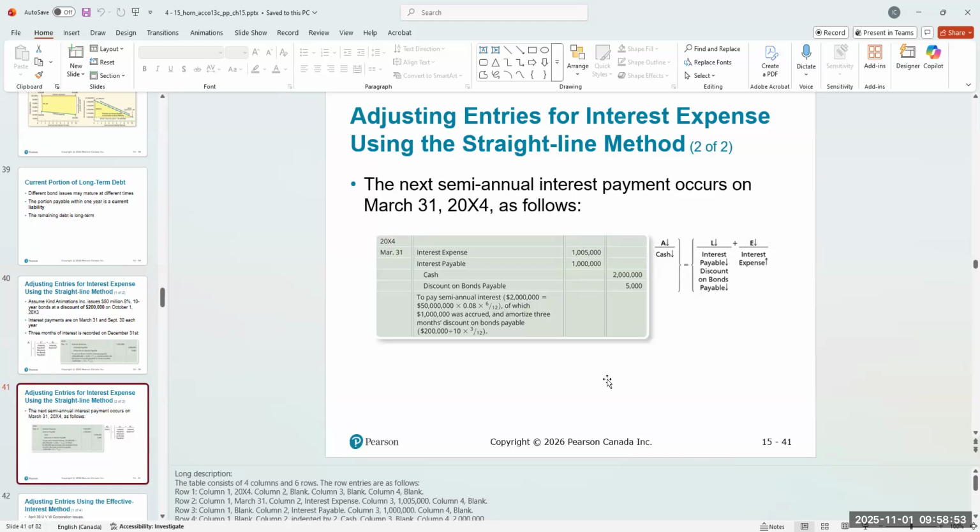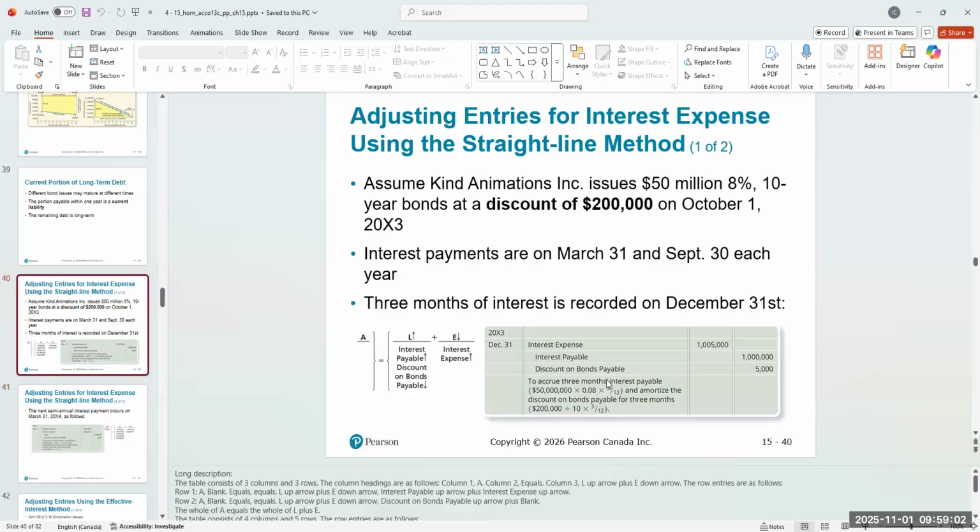And at the next payment, when the interest payment actually happens, don't forget to clear the payables that you have created on the reporting date. On the reporting date, there's no actual payment of cash. That's what you have to understand. The cash is not involved here. You just make an accrual for the interest expense, working with the interest payable.